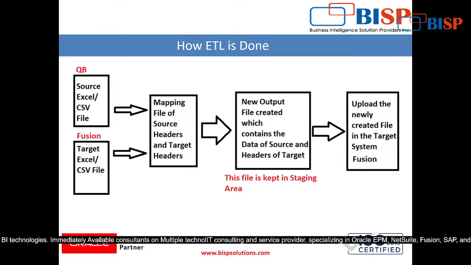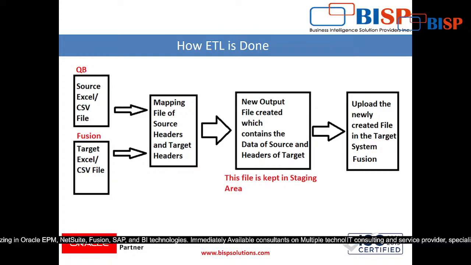For example, if I ask the QB client to please provide us the information of supplier, he will provide me 5 sheets, because their system gives the output in this way only. So we will first take all the Excel sheets from QB. Then we will have in hand all the headers of suppliers that we want in the target system.